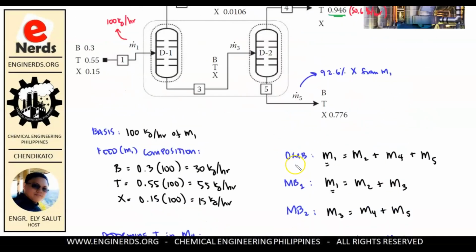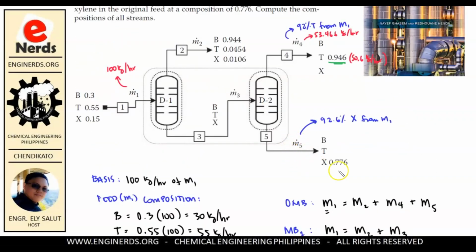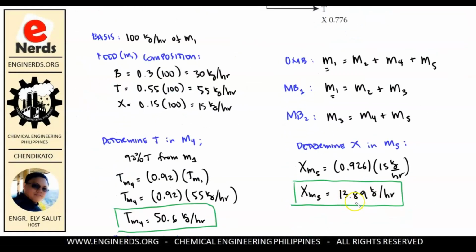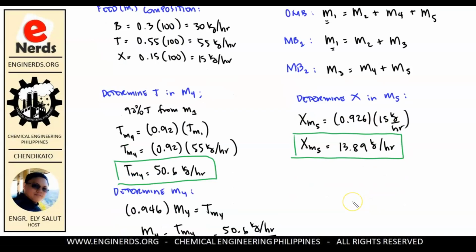Now, we know that xylene in M5 is 0.776. So that means 0.776 of our M5 is equal to 13.89. So in that case, we can determine the value of M5.